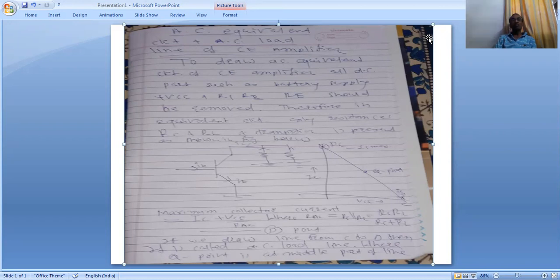All those components are removed, and only the transistor and two resistances, RC, that is collector resistance, and RL, that is load resistance, are present in the AC equivalent circuit of the single stage common emitter amplifier. Understood? It's okay?